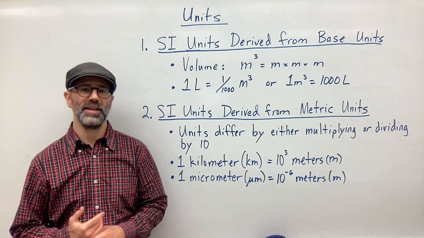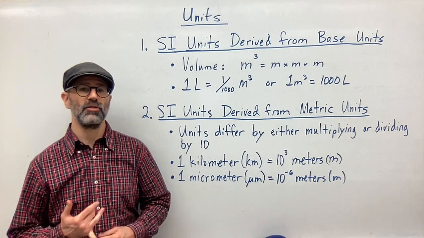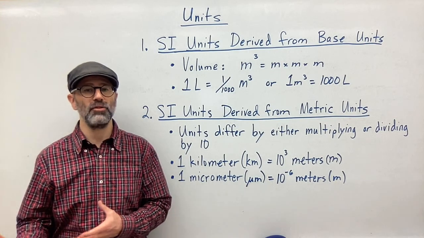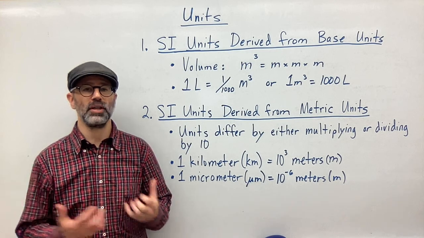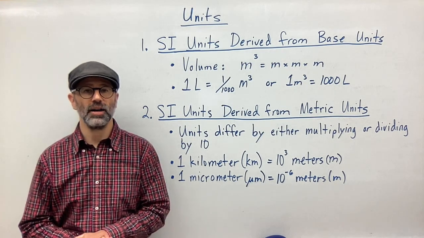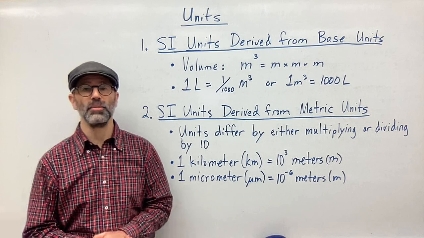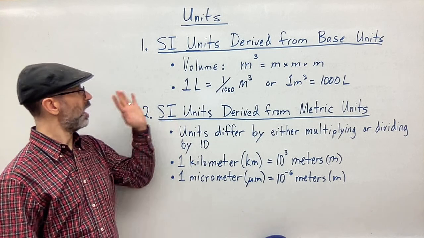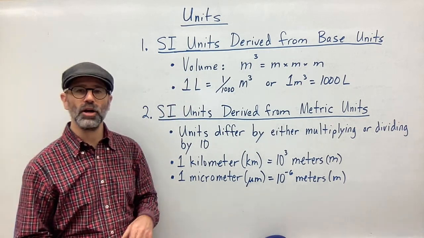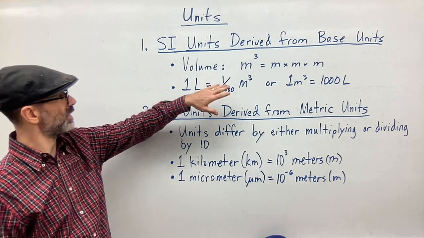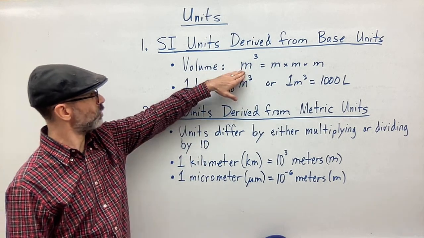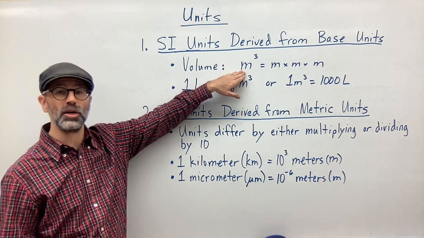The first one, deriving from base units, is where you just take the base unit and use it to get your new unit that's derived from that base unit. For example, volume uses the base unit of meter, so meters cubed.